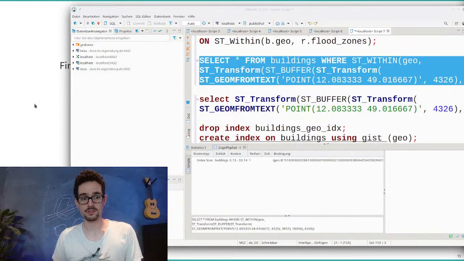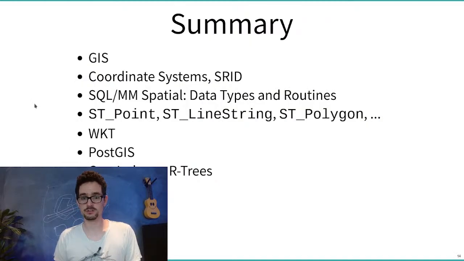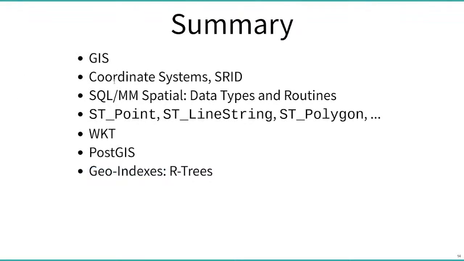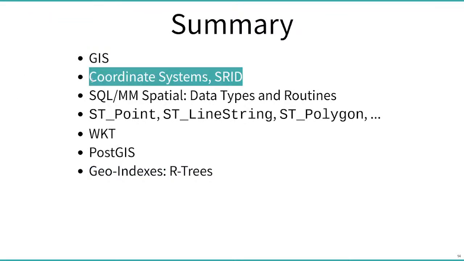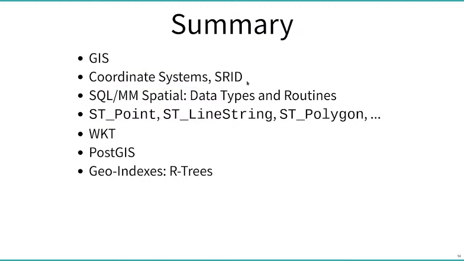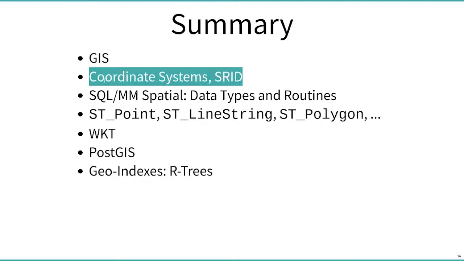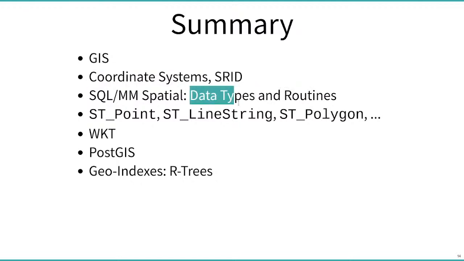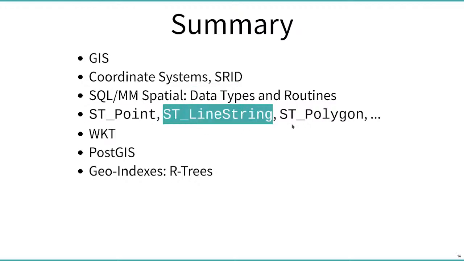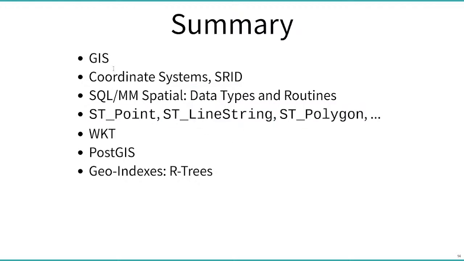Okay, that's the end of today's talk about geodata. What we saw was geoinformation systems. We took a look at different coordinate systems which use different units and are made for different locations on the world. We needed to convert from one system to another, and the SQL spatial standard has data types like ST_Point, ST_LineString, ST_Polygon. Postgres only uses geometry, and then you specify what kind of geometry you want to store.